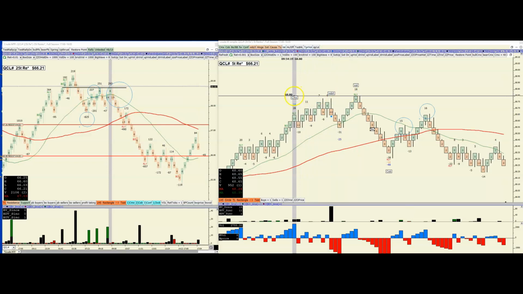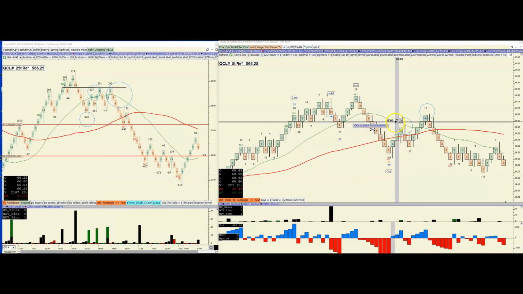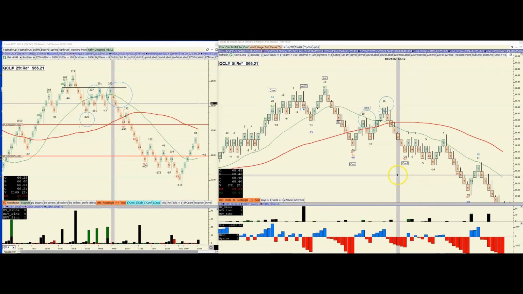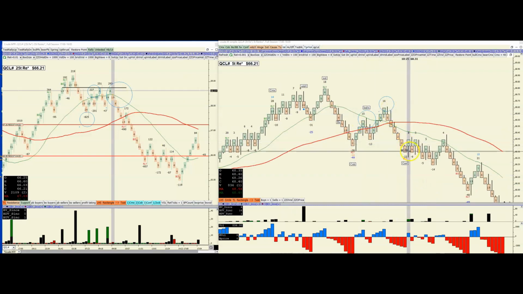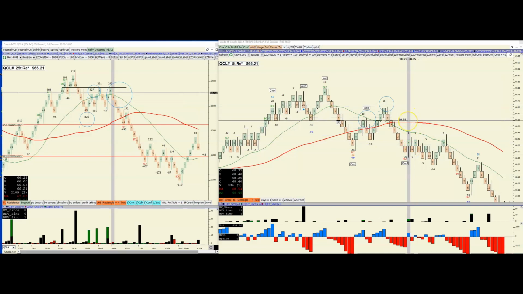We also have climactic action, and eventually you have confirmation. But that's the problem with confirmation. When you get confirmation, the chances for another pullback is very unlikely.